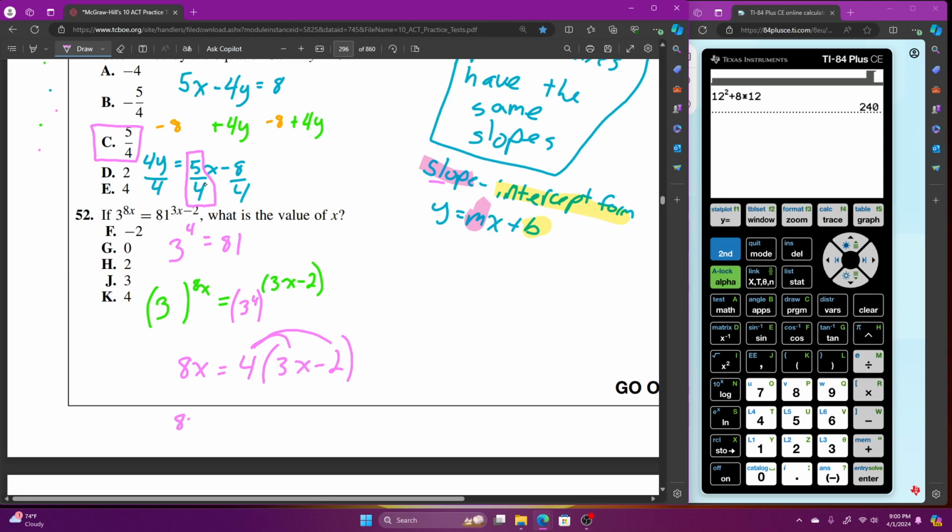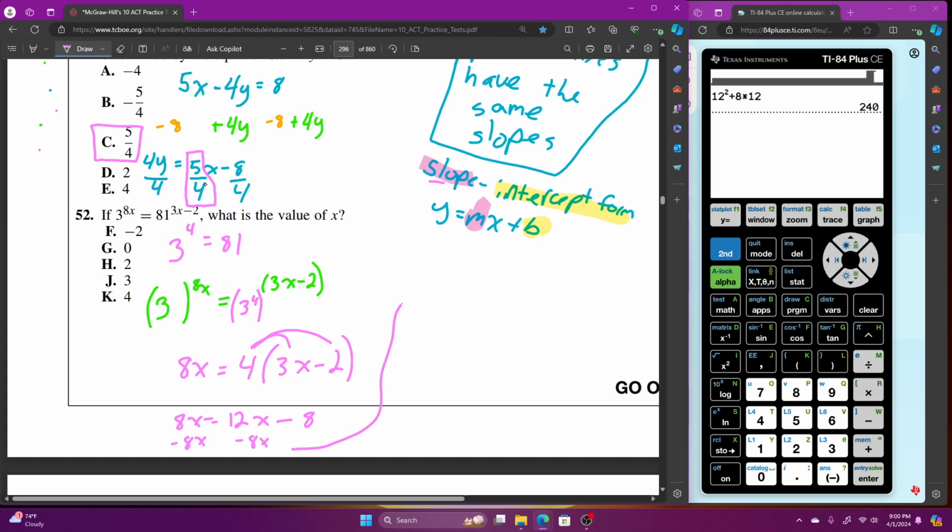So 8x equals 12x, 4 times negative 2, minus 8. Subtract 8x on both sides.